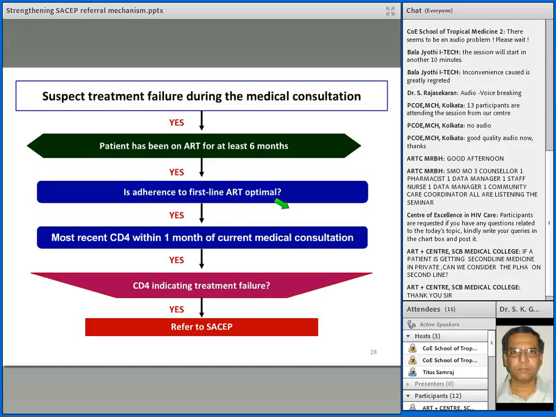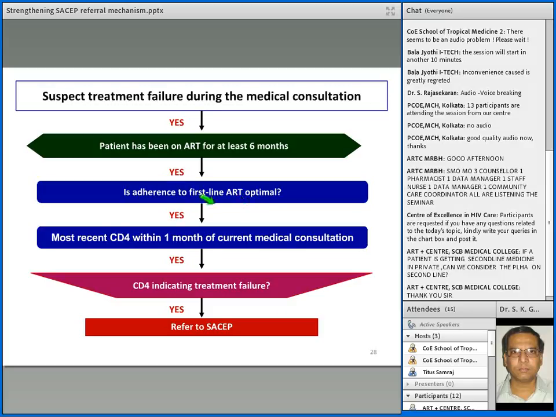Need to talk to the caregiver or the family members and try to support the patient to improve his or her adherence. Maybe you can repeat the CD4 after 2 to 4 weeks to see whether it's a variability in CD4 determination, and you can once again repeat it after 1 or 3 months of ART, and if it shows an upward trend, then you can defer the referral for treatment failure.